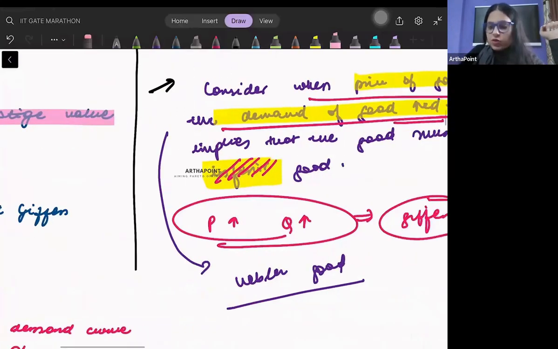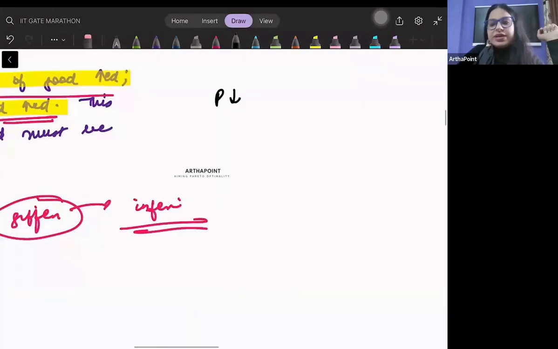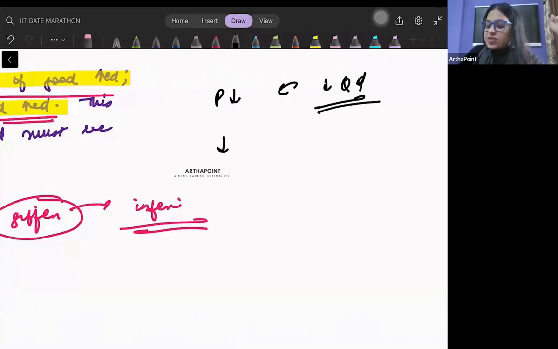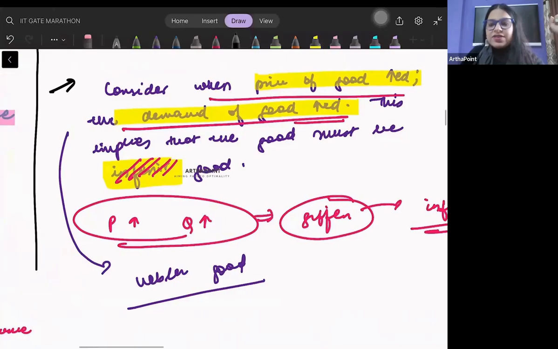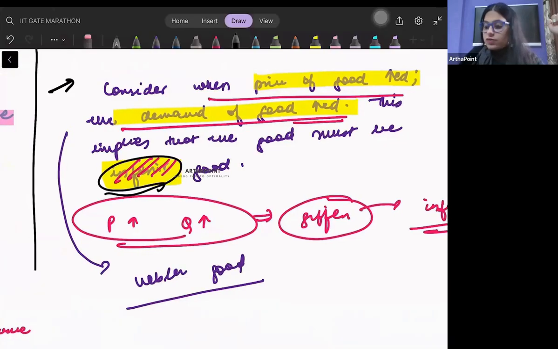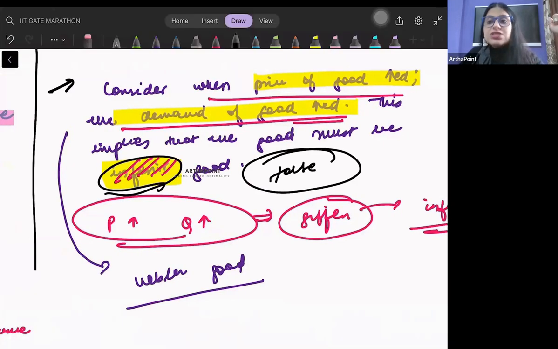The moment the price of diamond decreases, those rich people will stop demanding diamonds. Or when the price of a BMW decreases, people will stop demanding BMWs. So in this case I cannot say that this is always an inferior good. What if it is a Veblen good? So is this statement always true? No, it is a false statement. I cannot always say that it will be a Giffen good.